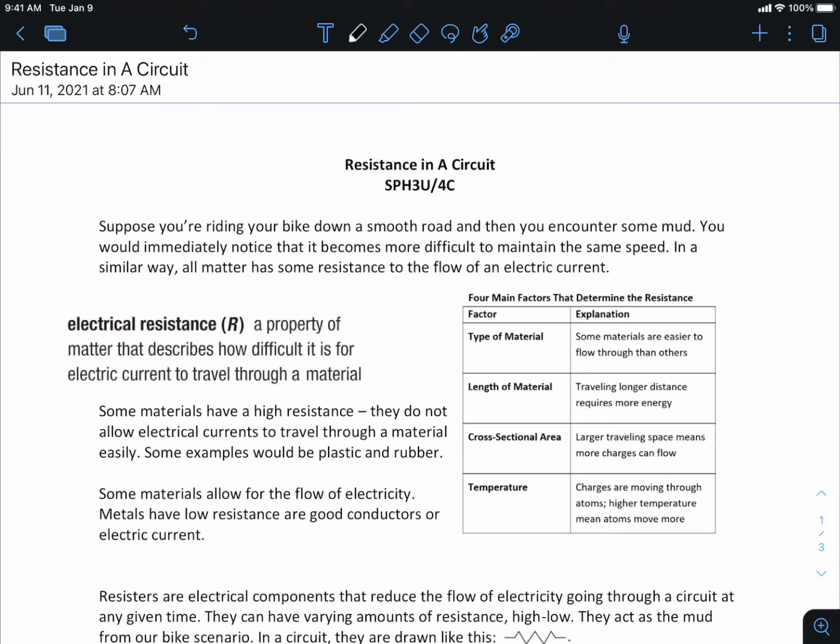Gauge meaning cross-sectional area. If you have a bigger gauge wire, it can carry more electrons per unit time. Same thing with a hot tub. If you have a hot tub at home, that requires a special kind of wiring, and you actually have to change the panel in your house to accommodate that kind of current flow.